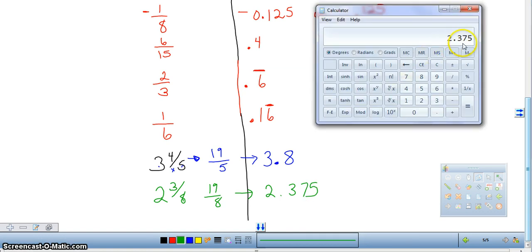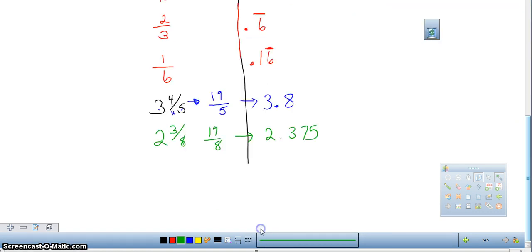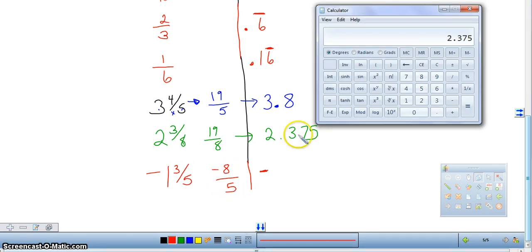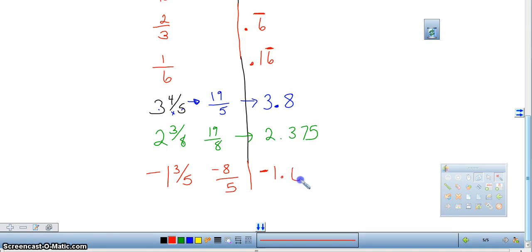If I have a negative, negative 1 and 3 over 5, that means my answer is going to be negative. And I still do the same thing. 5 times 1 is 5 plus 3 is 8. So I get negative 8 over 5. And I take 8 divided by 5. And I get negative because I have a negative. So my answer is negative 1.6. Okay.